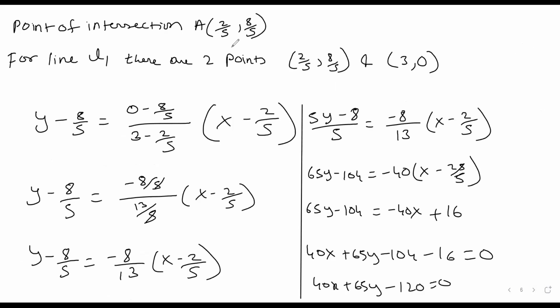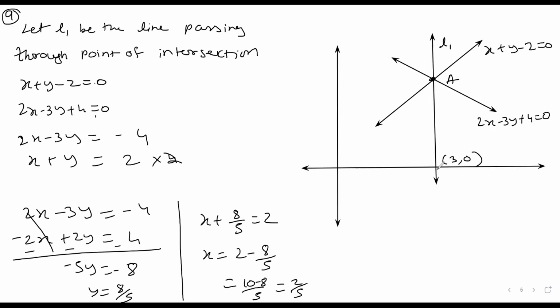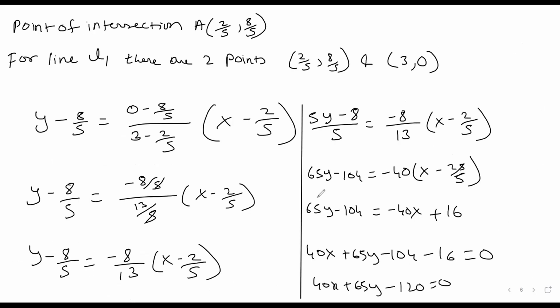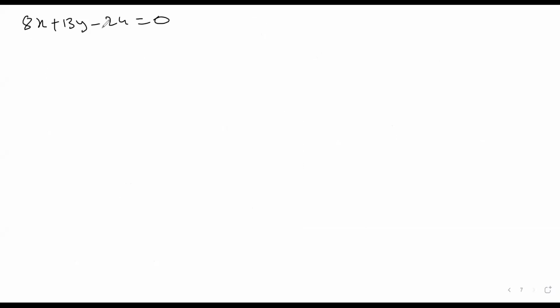So our point of intersection was (2 by 5, 8 by 5). Now next, line L1 is having x-intercept 3. So obviously line L1 is intersecting the x-axis at point (3, 0). तो लाइन L1 के लिए 2 पॉइंट्स हैं, तो 2-point फॉर्म से हम लोगों ने इक्वेशन निकाल ली. That is 8x plus 13y minus 24 is equal to 0.